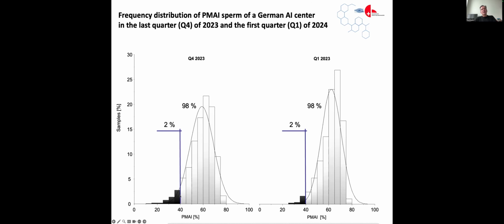If the samples show less than 40% plasma membrane intact sperm, we don't use them for AI. Only 2% of the ejaculates could not be used because they were under the threshold. It was the same in the last quarter of last year and the first quarter of this year.